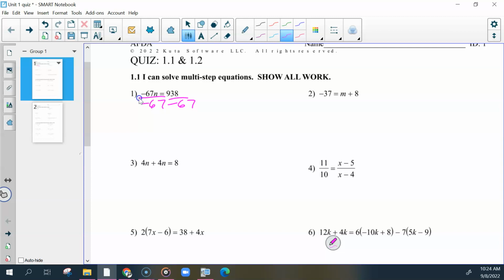But these were multiplying, so you should have divided on both sides. N would have been negative 14 as your final answer. Make sure you're bringing down your signs. I saw some positive 14, so just be careful with that. Questions on that one?